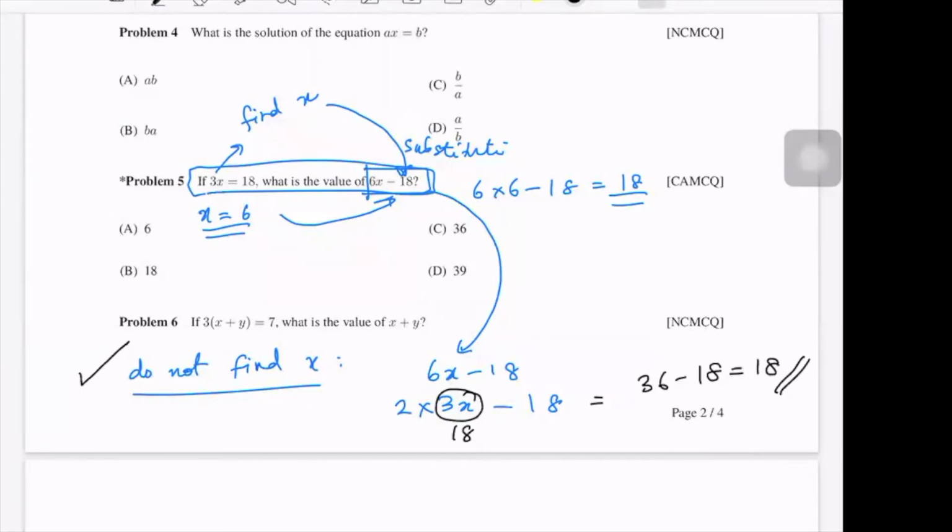In some cases, this method will be much easier. In this question, both methods will take almost an equal amount of time. Right?